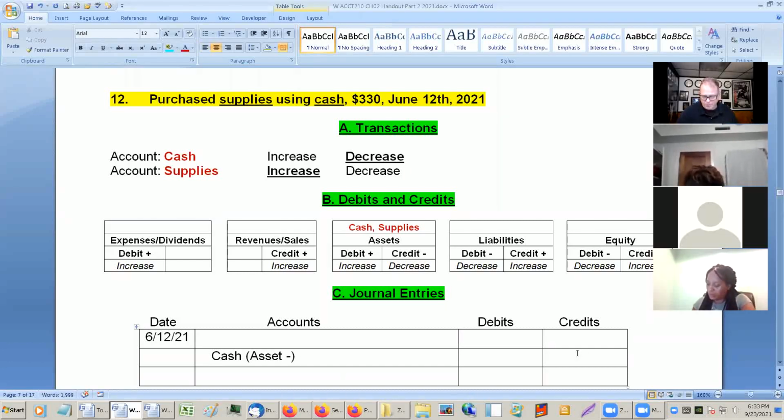Asset going down for 330. So there's the debit for supplies. I just said that wrong. I'm saying stupid things, I'm sorry. The cash is a credit. The supplies are increasing, so they'll be a debit.